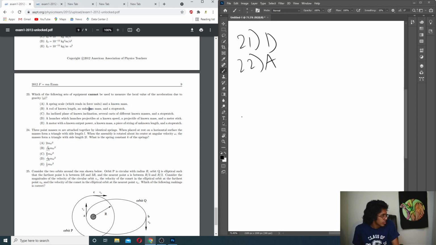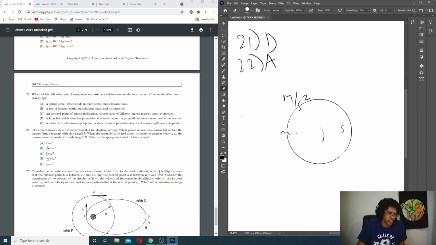Okay. A rod of known length and unknown mass. Okay, so there's another dimensional analysis one, pretty sure. So you got your acceleration due to gravity of meters per second squared. You want to find that. So you got meters, you got kg, and you got a stopwatch. So you got seconds, so that's fine.